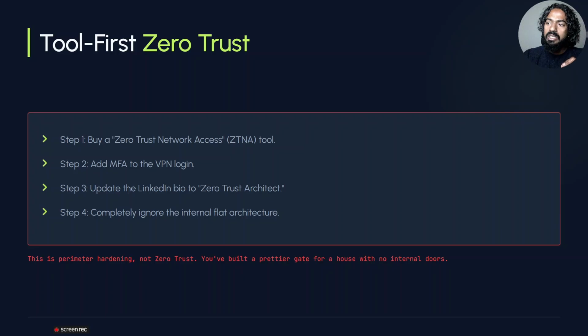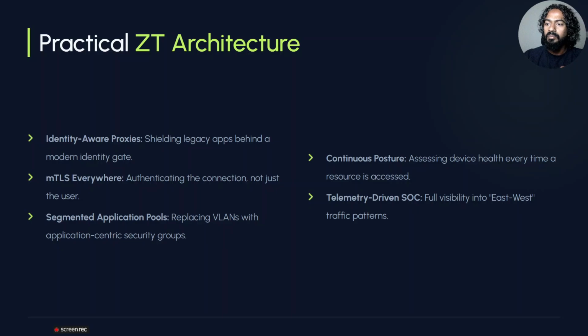So what does zero trust actually look like? Real zero trust is architectural, as I already mentioned. Every service has an identity. Workloads authenticate to each other using mTLS. Shared accounts are eliminated completely, and segmentation happens by application, not at the VLAN level.